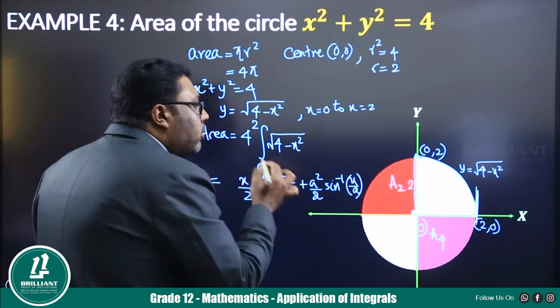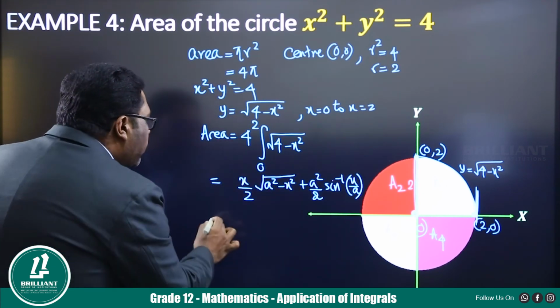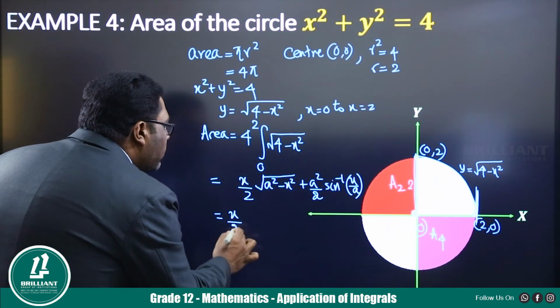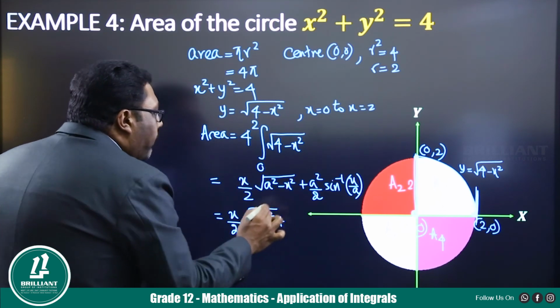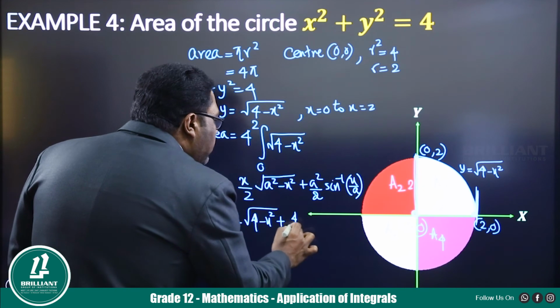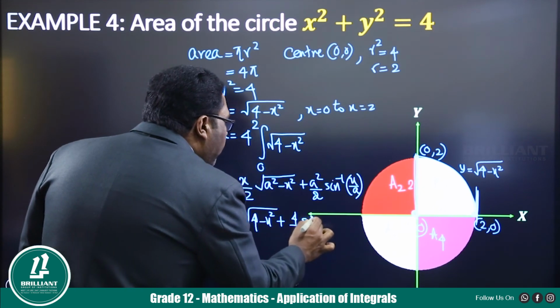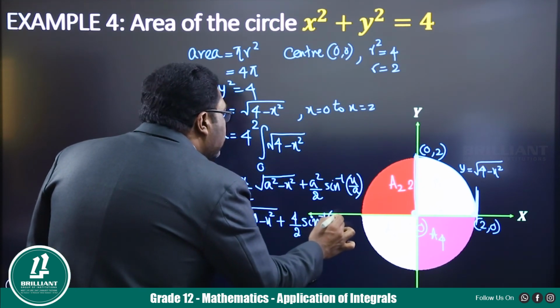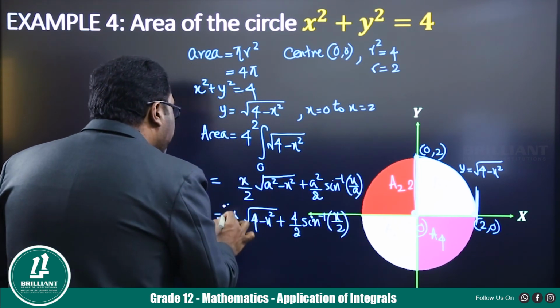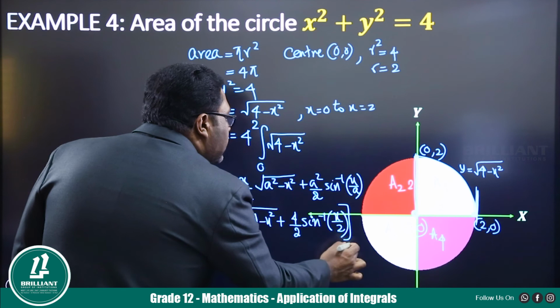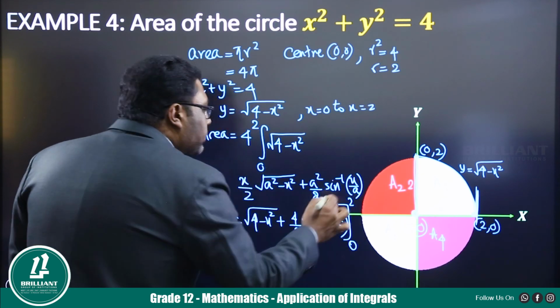I'm going to apply this formula. It's going to be x by 2 root of 4 minus x squared plus a squared by 2 sine inverse x by 2. The integral limits are from 0 to 2.